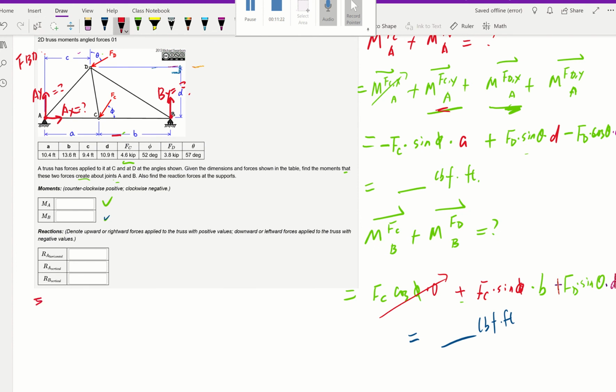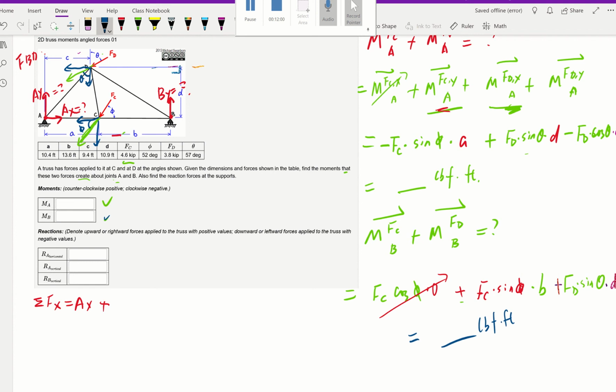So in order to do this, first equation, forces at X. What do we have? We have AX. Then we have FC with an X direction, right? Again, if I go ahead and extend this and decompose, that's my X and Y, and this is angle psi. Same thing, I'm going to do FD and decompose, and we know this is angle theta.